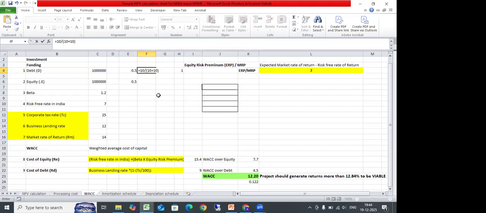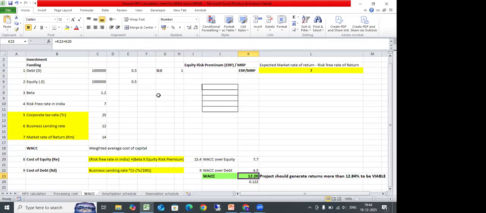Out of which the percentage share of debt is 50% and the percentage share of equity is 50%. So that is what we have taken as the weighted average. So 0.5 into 15.4, how much will it be? 15.4 divided by 2, 7.7. And 9 divided by 2, 4.5. I add both of them up. What is the weighted average cost of capital?